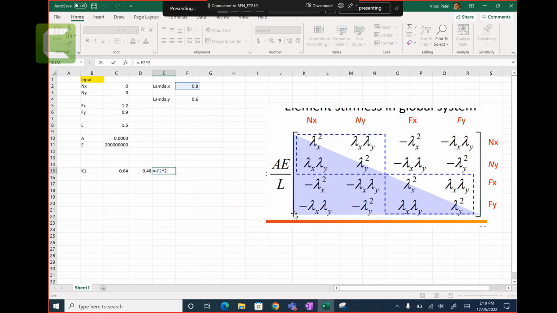And look, the trick is here. You just need to put the bracket, and that will match. Because the Excel will think that you are putting the minus in front of that. So equal to minus lambda x times lambda y.